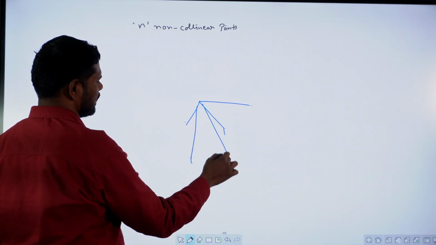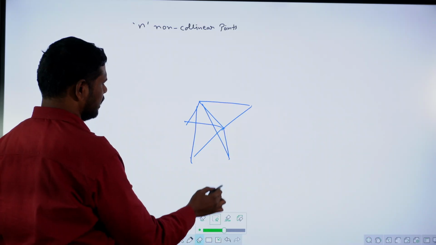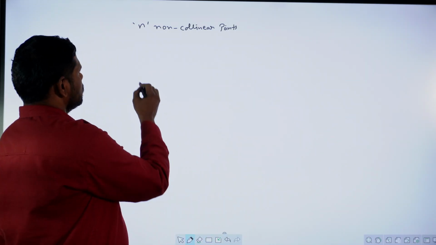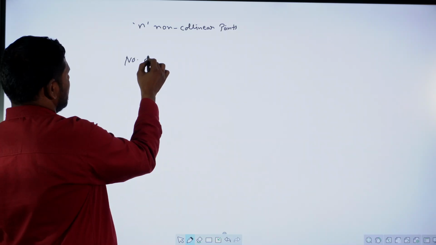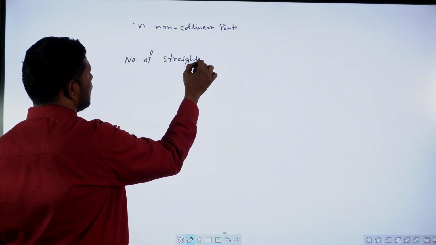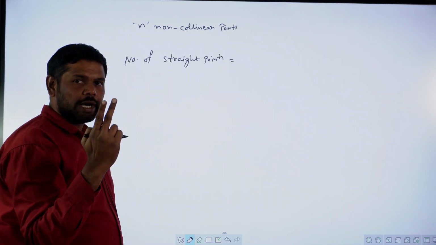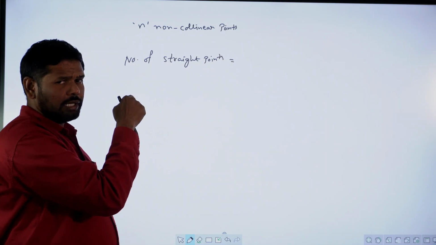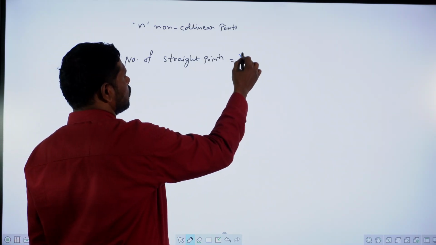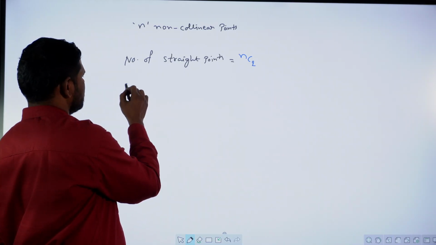Simply, we can directly find out. For each straight line, how many points are required? We know 2 points are required; then it is possible to draw a straight line. Means out of n, 2 at a time, nC2 gives the number of straight lines.